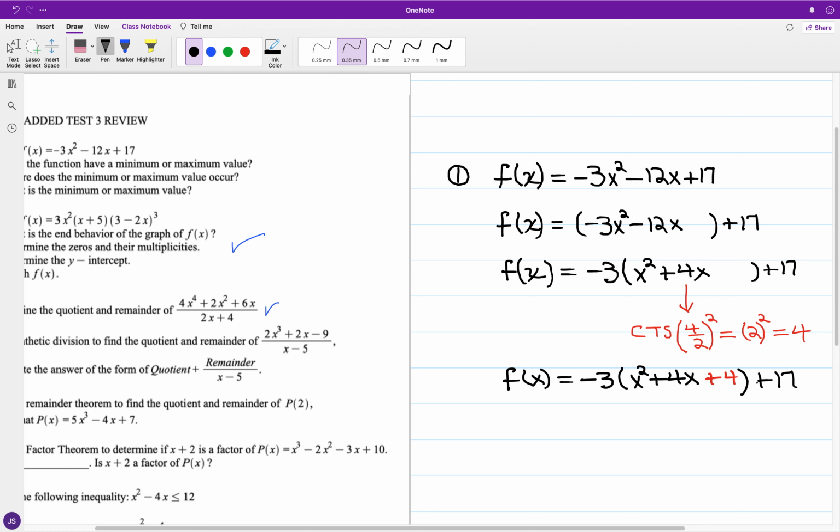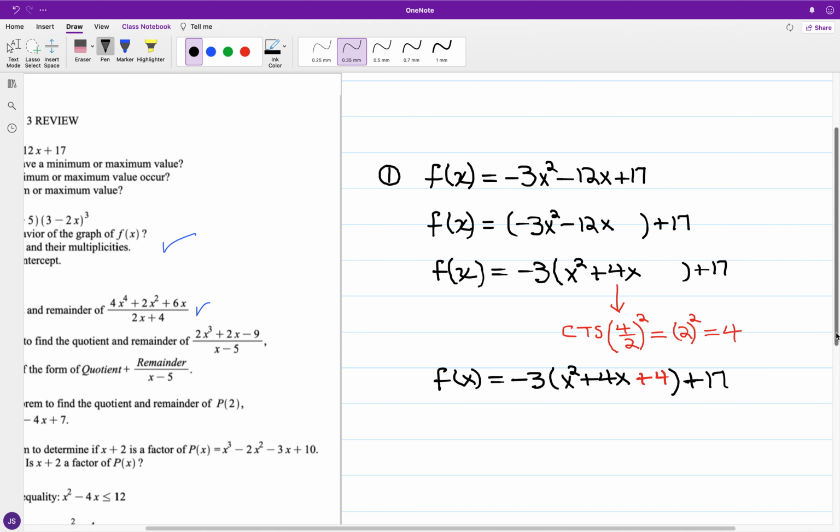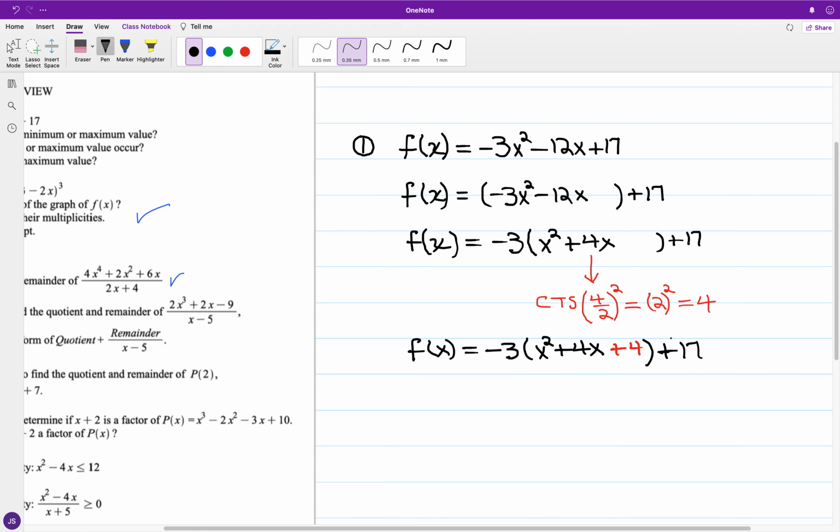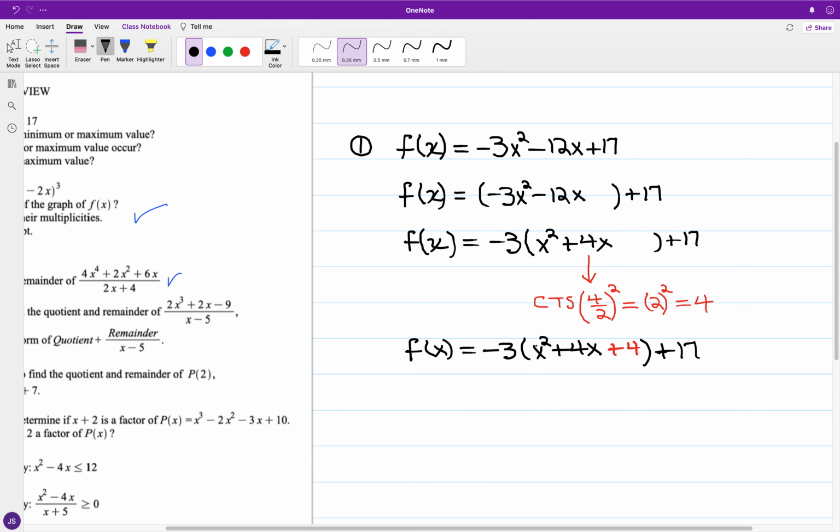And again, I'm going to have to create a bit of a balance to get it back to the equal of negative 3x squared minus 12x plus 17. And by adding 4, I got negative 3x squared minus 12x, and I have minus 12 plus 17, which is going to be 5, but I want to get it back level with 17.